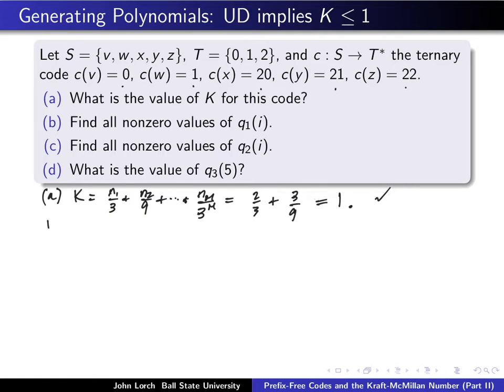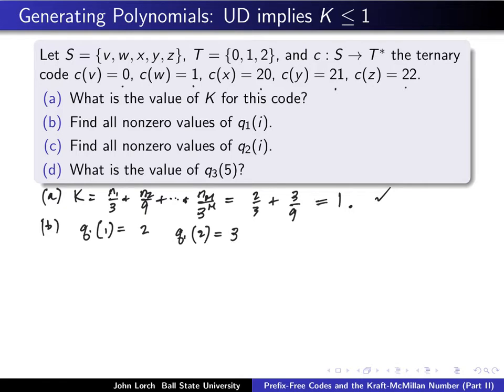All right, now we compute some of these new parameters, q sub r of i. So in B, we're computing q sub 1 of i for each value of i. So q sub 1 of 1 is the number of code words of length 1, and again, we saw that there are 2 of those. q sub 1 of 2 is the number of code words of length 2.